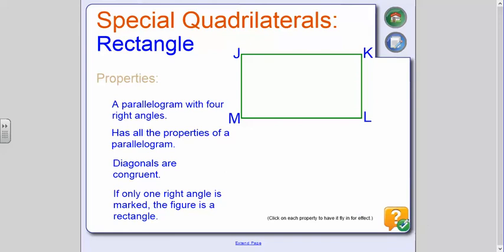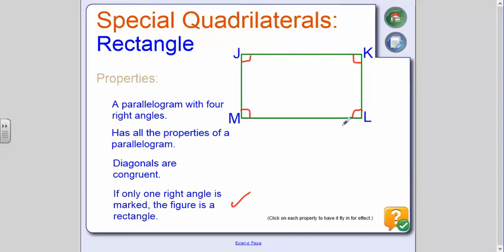The next one we have is a rectangle, and a rectangle has four right angles. So each one of these is 90 degrees. And they can be drawn this way, or sometimes only one of them is marked as a right angle. But that doesn't mean that they're not all right angles, because if you look at the properties of a parallelogram, opposite angles are congruent.